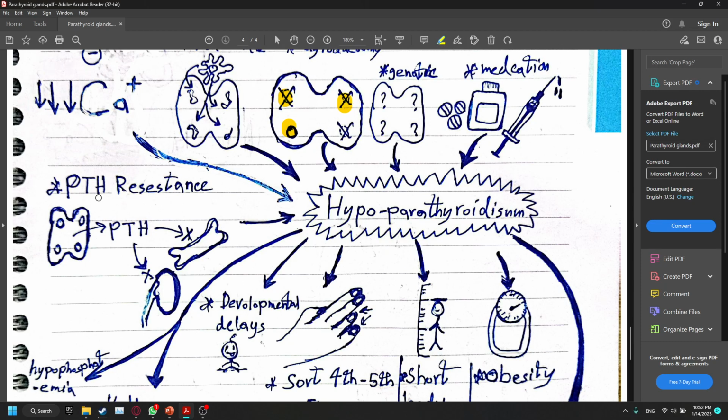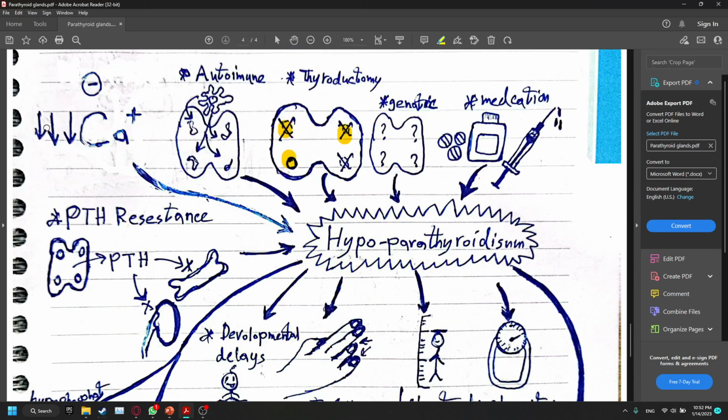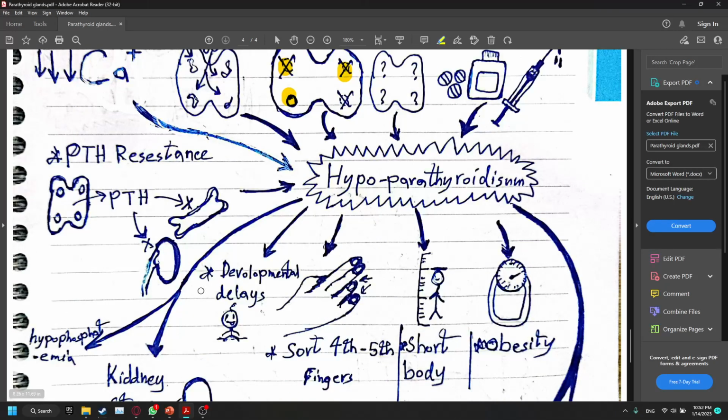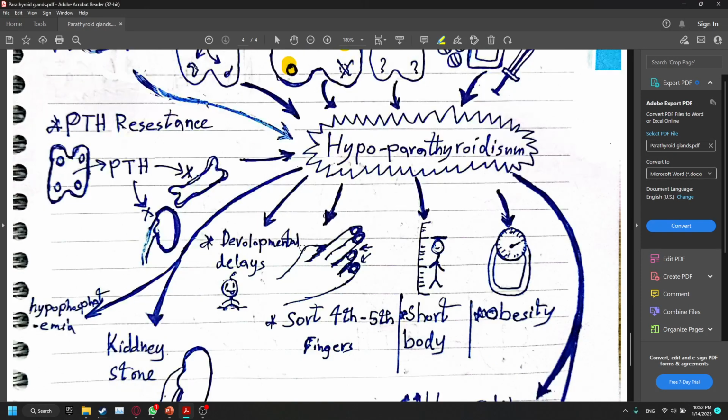And there is another name for it. I'm going to try to remember. It's called pseudohypoparathyroidism, something like that. Pseudo means similar or like fake, so definitely keep that in mind.